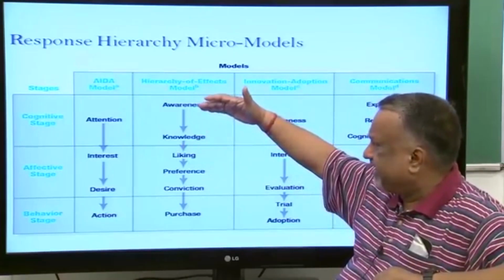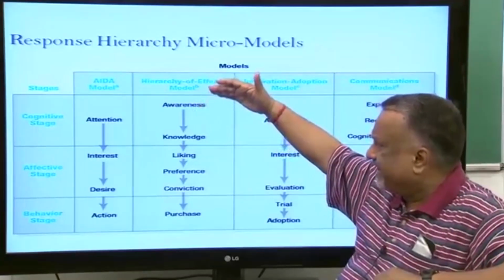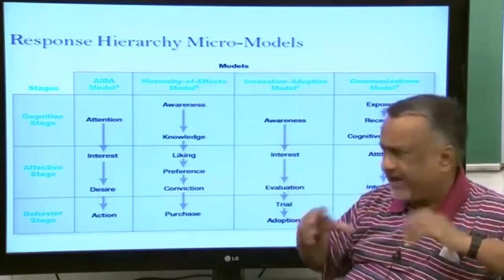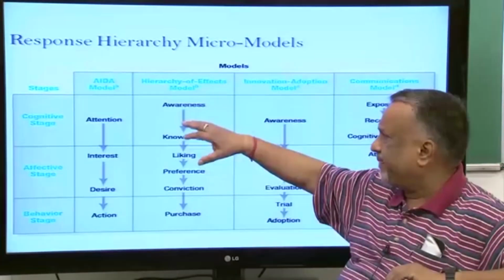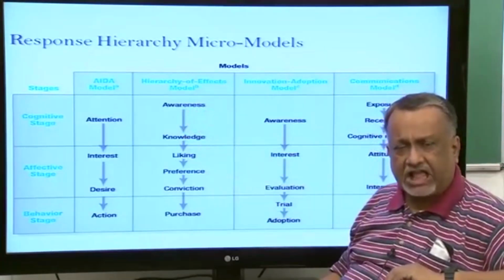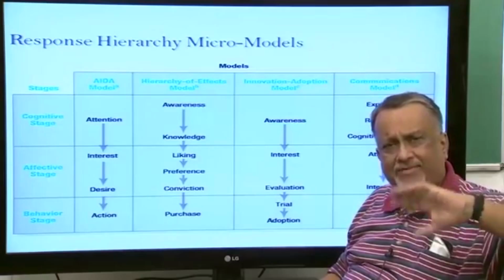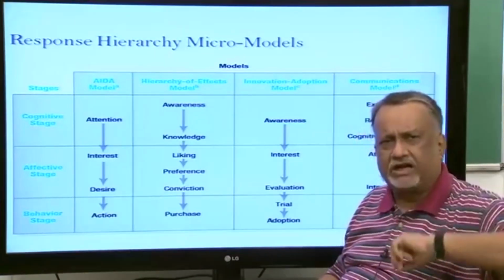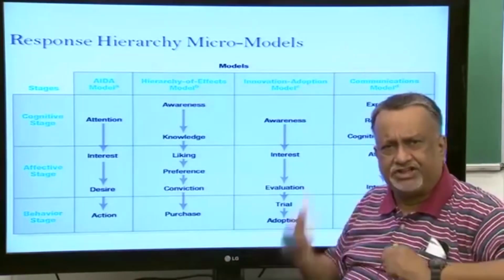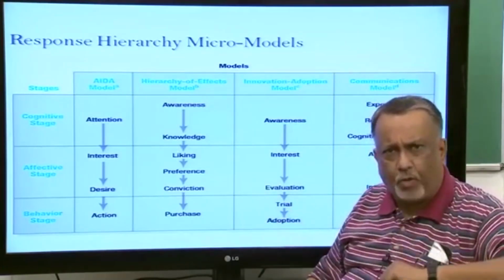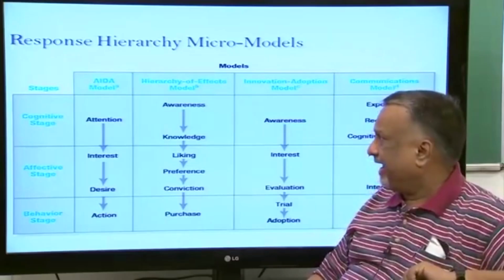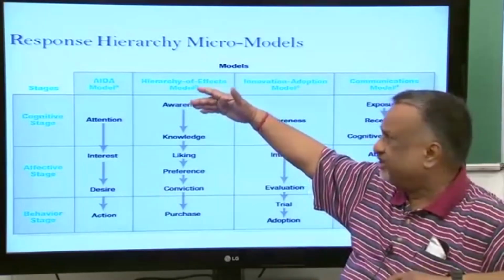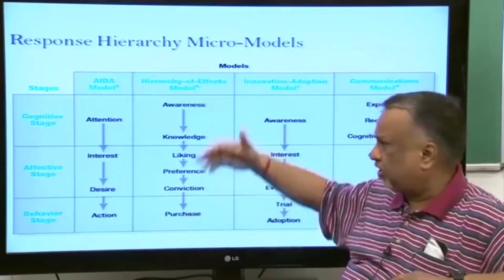So, it is now understood that attention per se should not be confused with awareness. Somebody might know that you have a product, say a shaving foam product, but that awareness is not enough ultimately to cause purchase.